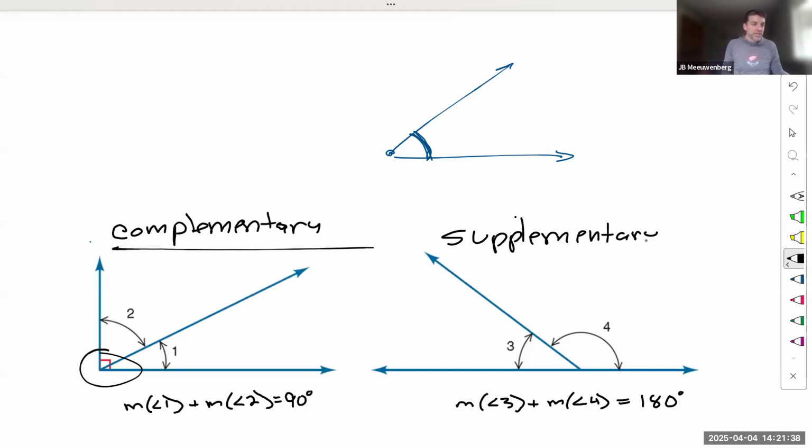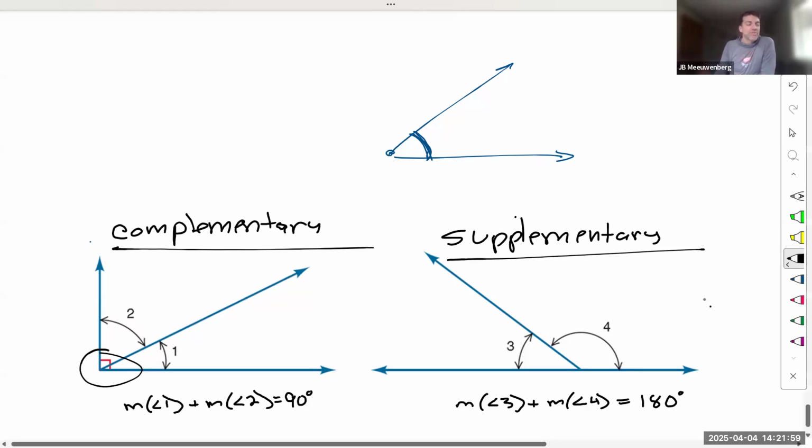Again, these are words and terms you will definitely need to know. They share a common side, right? Angle 1 and angle 2 both share that side. Angle 3 and angle 4 both share that side.